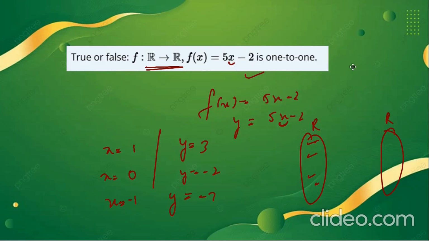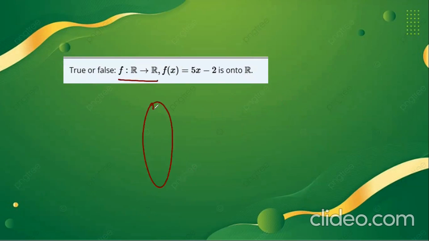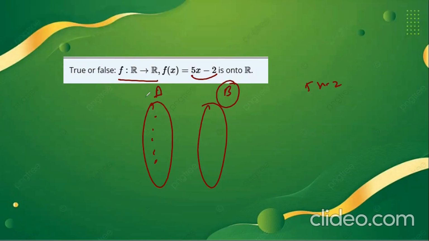Now let's move towards the next question. They are saying R to R, which means every element is there: negative, positive, fraction, and all that. Now the question is, is it onto? For onto, we have to see the set B, and in set B, every element is fixed. We know that because whatever I put in as x, positive, negative, zero, fraction, decimal, I will get some value here also, and every output is fixed.